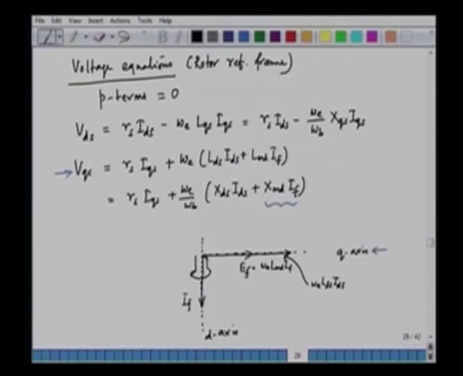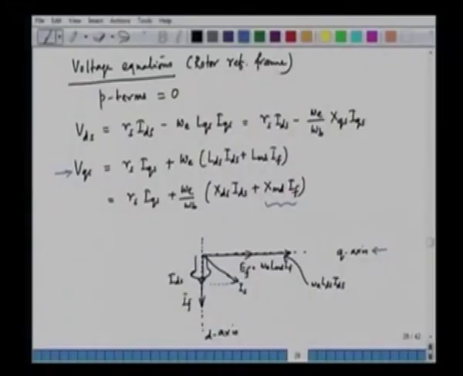And what about these currents IDS and IQS? The stator current will be along any arbitrary direction. This is the armature current IS, and this IS can be resolved into two components along the two axes d and q respectively. If we resolve this along the d axis, this would be IDS, and if we resolve the same current along the q axis, we get IQS.